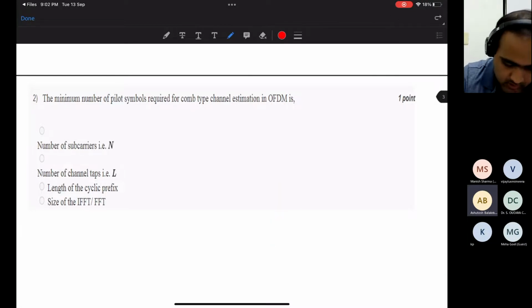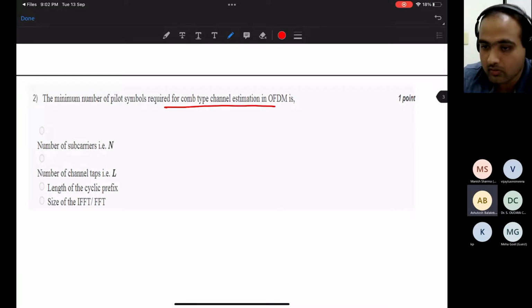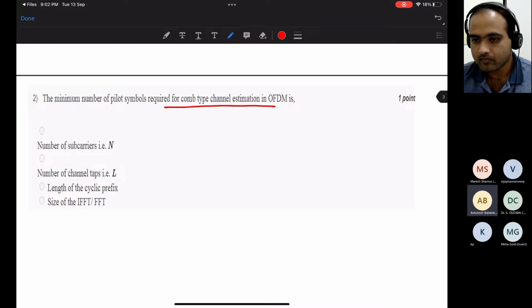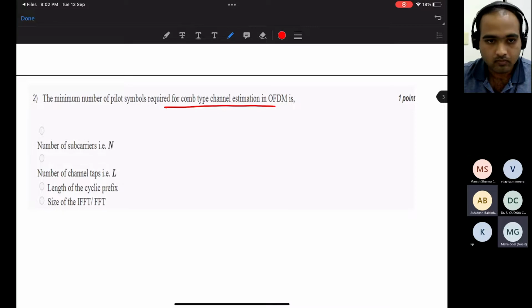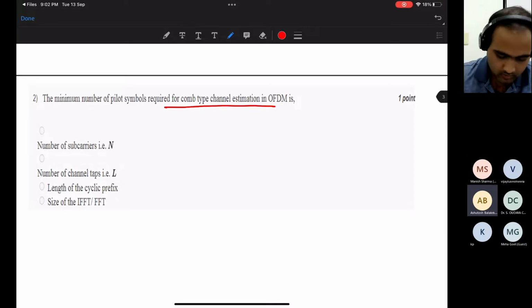So the minimum number of pilot symbols required for a comb type estimation. Anyone would like to answer this? Go ahead. Try anyone. Number of channel taps L. We have got one answer. Anyone else?